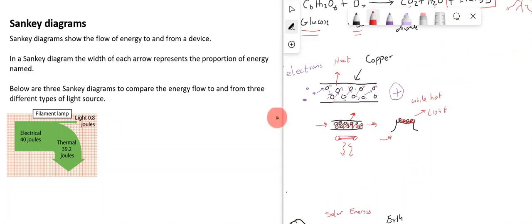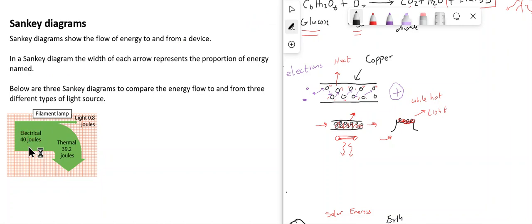Imagine this is the setup: you have electrical energy moving through a piece of copper, and then it goes through the light bulb itself. So you have electrical energy, and then that's being converted into light energy through this process that we've talked about. So this is a way to represent it.